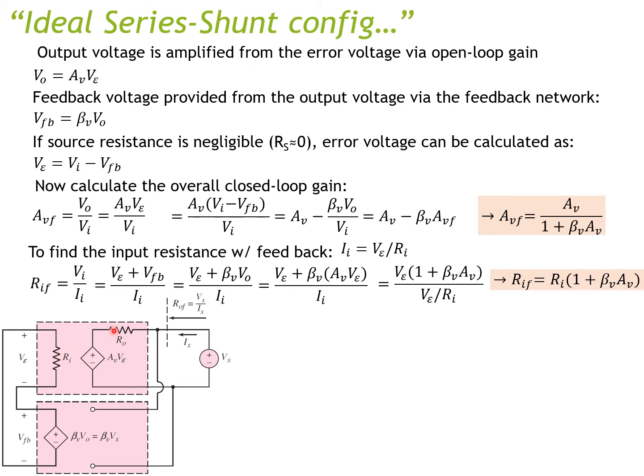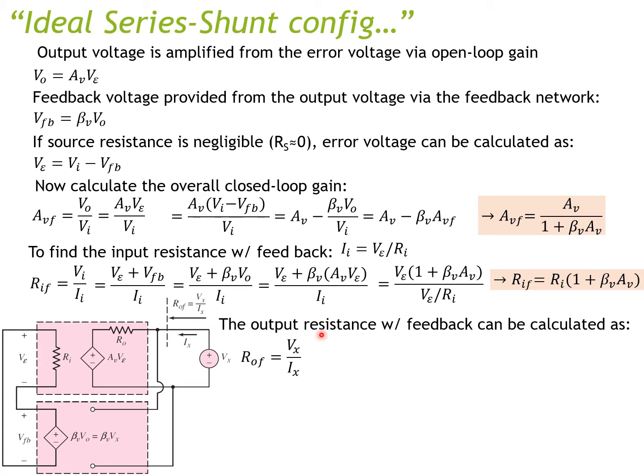Now, this is a small signal equivalent model, but I replace the output with Vx so that I can calculate the output resistance. It's going to be Vx over Ix, which is the current flowing in this direction. So the output resistance with feedback can be calculated as ROF equal to Vx over Ix.